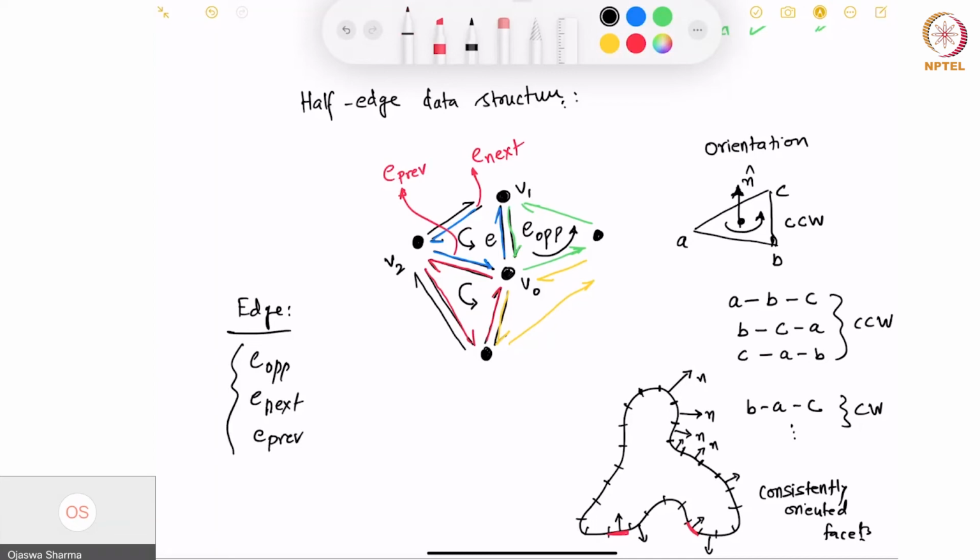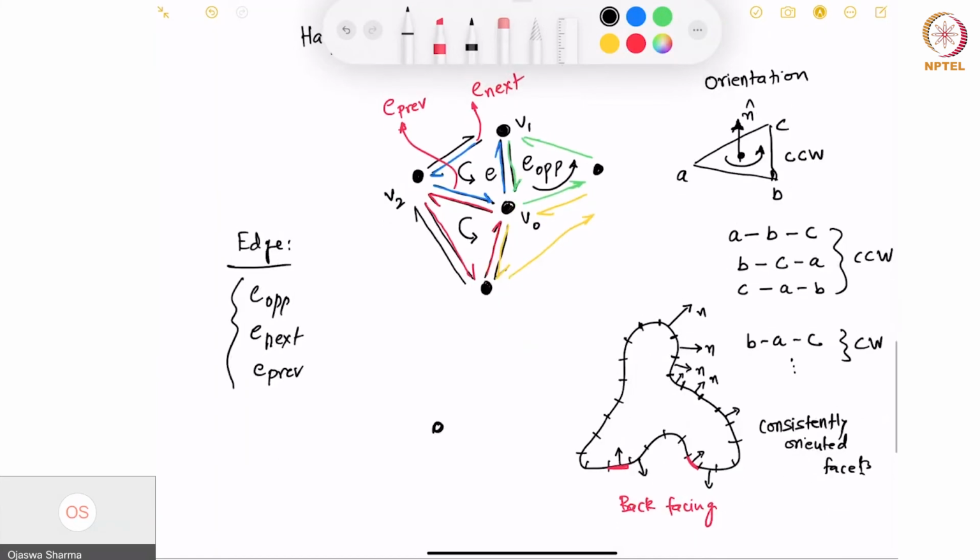For example, I want to navigate around the vertex V0, and I'll again draw it here. This is E, and I want to navigate around this vertex. How do I do that?